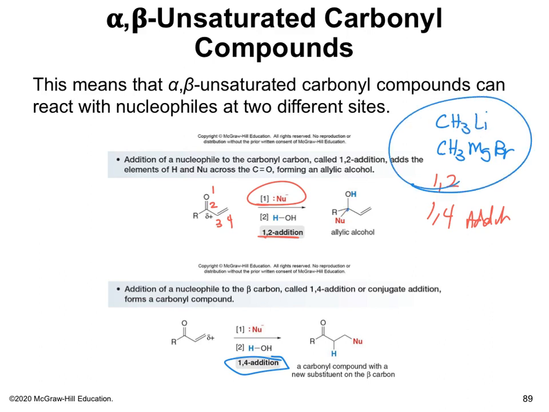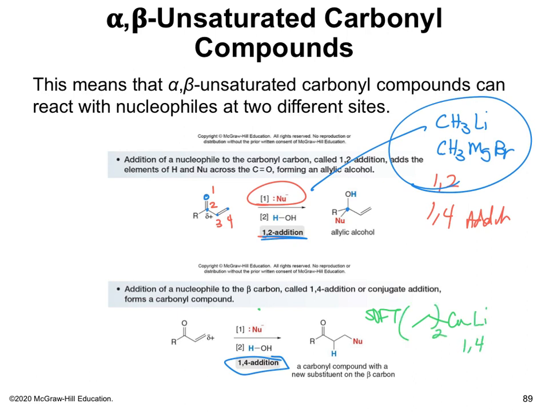So the nucleophile is going to add to the 2. So this is a 1, 2, 3, 4 complex, and so you're going to get 1,2 addition with the Grignards and the organolithium. However, cuprates are considered soft metals. So like if you got an ethyl cuprate, you'll see this is 2.